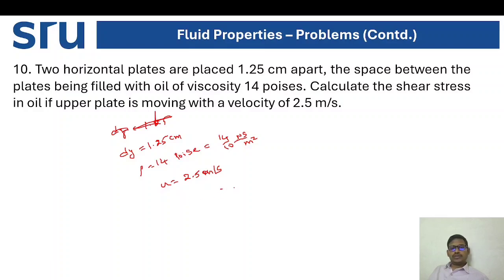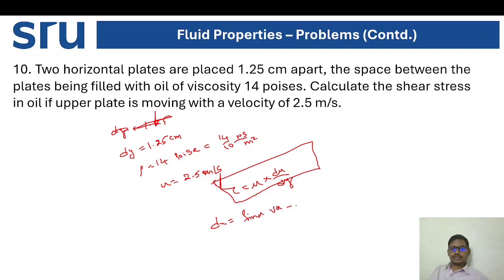So usually we know that tau is equal to mu into du by dy. Agree? This is a well known formula for us. Here the change in the velocity, du, is equal to final velocity minus initial velocity.